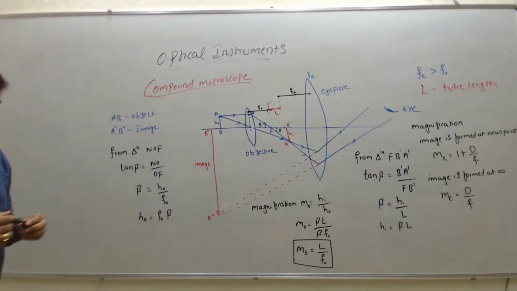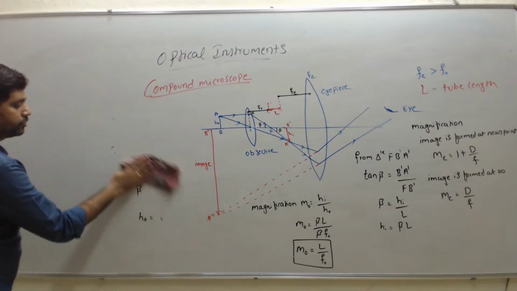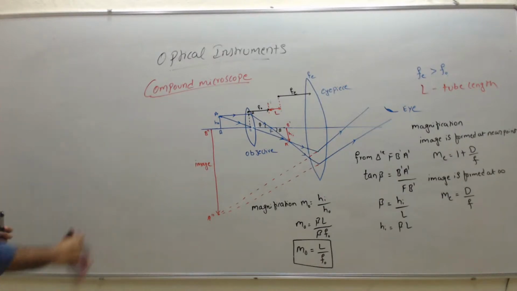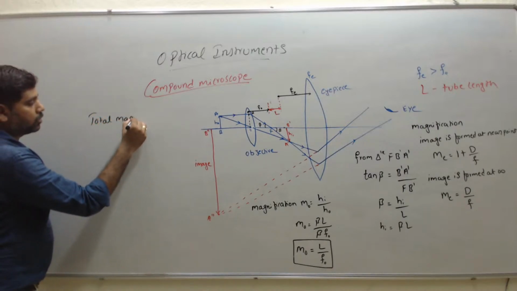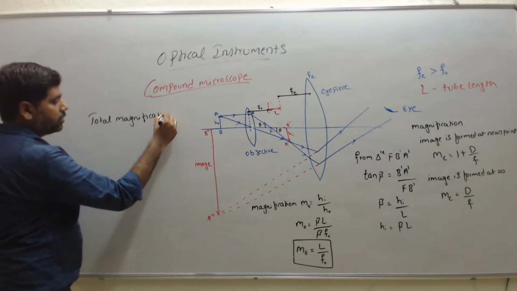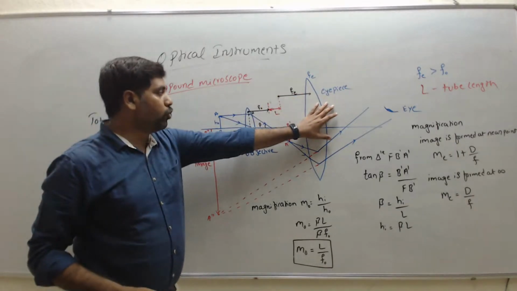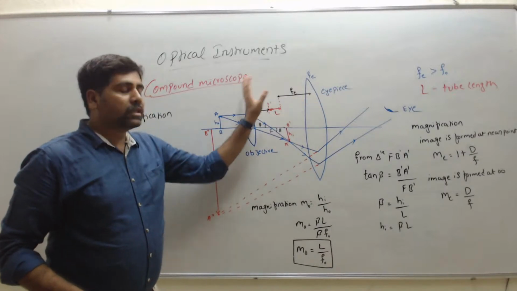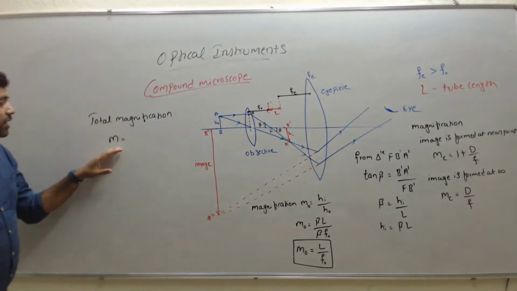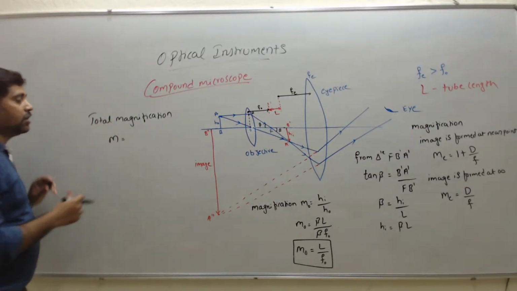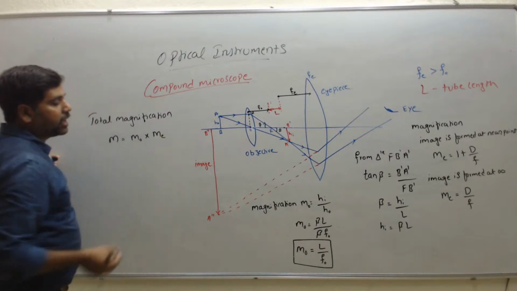Then the total magnification M is equal to, here we have a combination of two lenses, where powers are equal to the summation of the individual powers, but in case of total magnification, we have the product of the magnification of the objective and the magnification of the eyepiece.